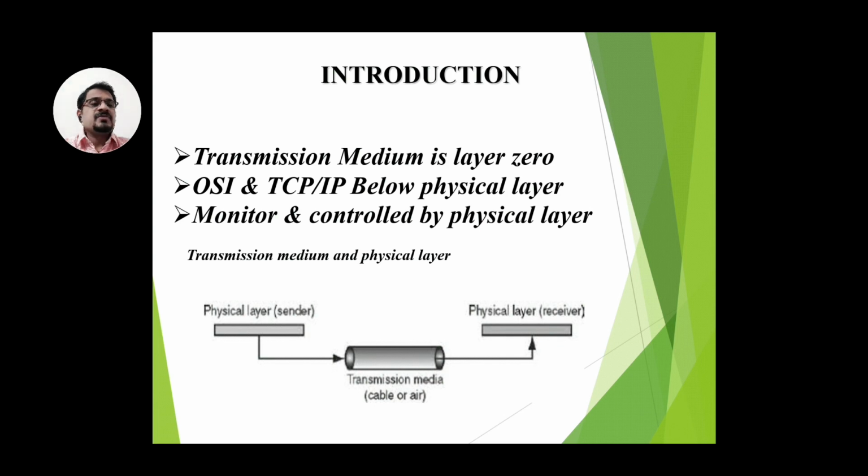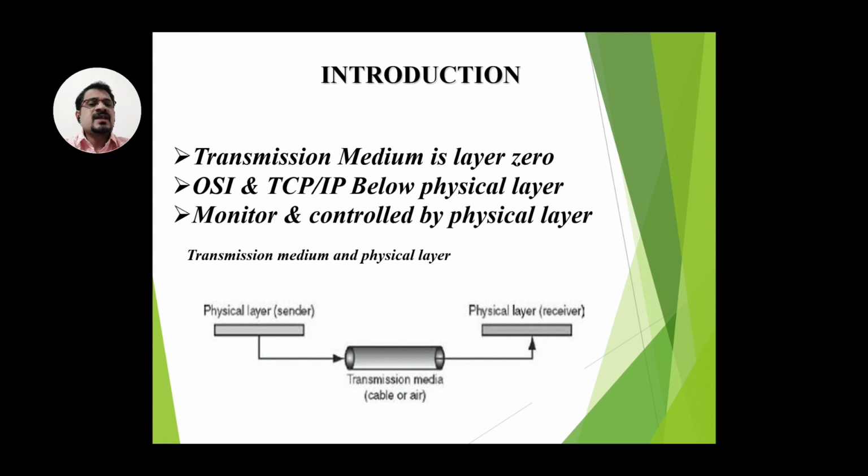In this diagram, you can see there is a sender on one side and a receiver on the other. If the sender wants to send any data or information to that particular receiver, then he has to exchange that information via the transmission media only. The transmission media may be either a cable or the data may be sent through the air.